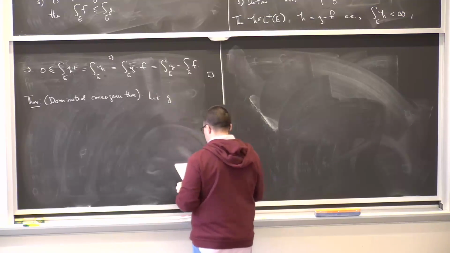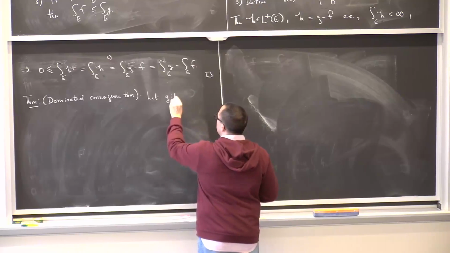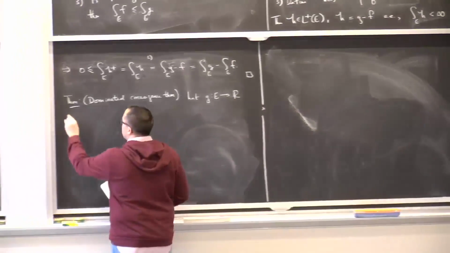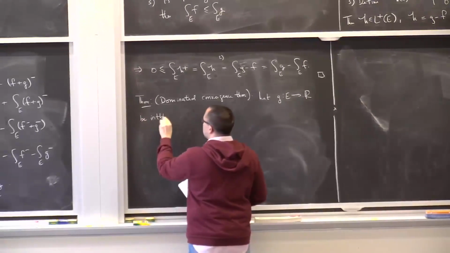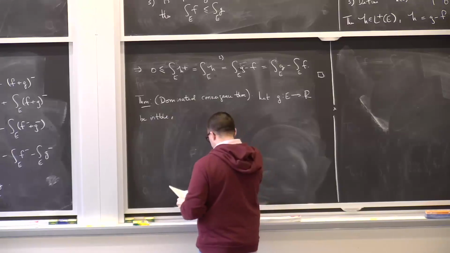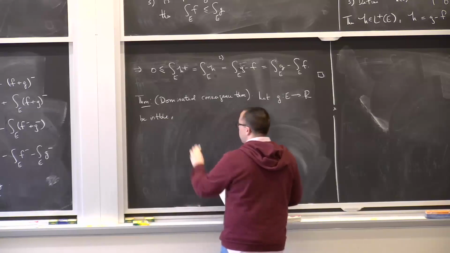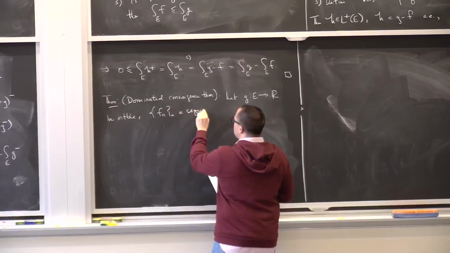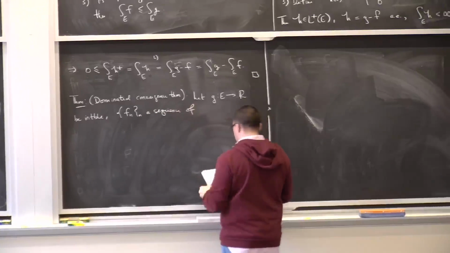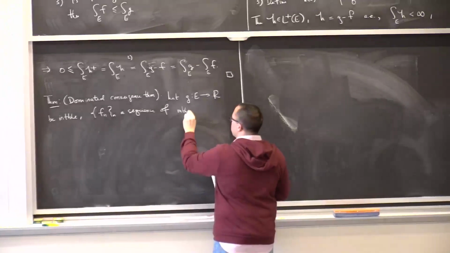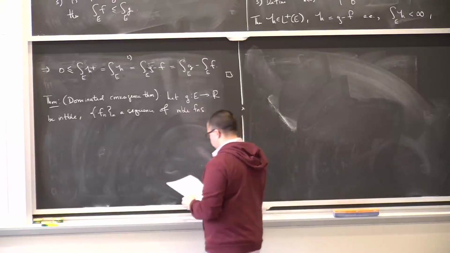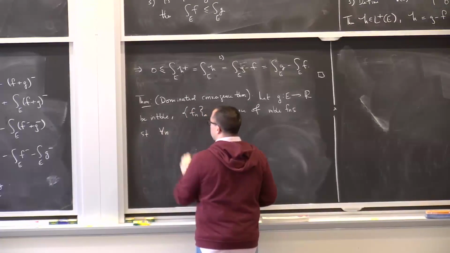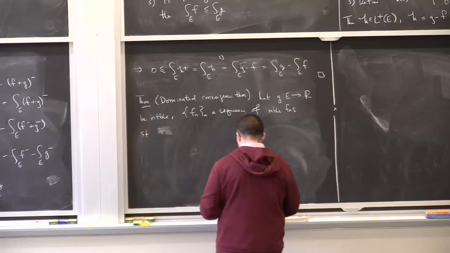Let g be an integrable function over E, and f_n a sequence of measurable functions such that two things.